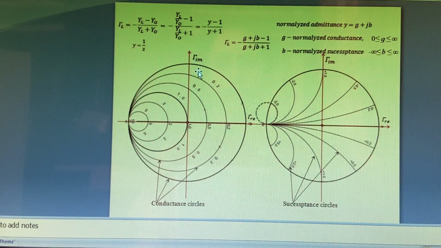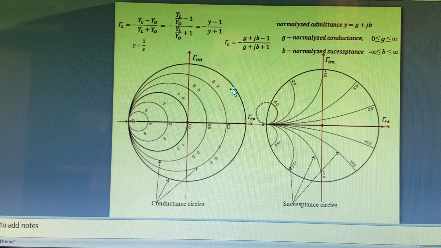If you plot the imaginary part and real part of the reflection coefficient on a plane, the tau plane, that is the reflection coefficient plane, we will observe that for every value of G there is a circle on the tau plane like this.